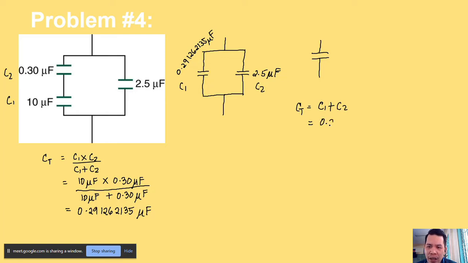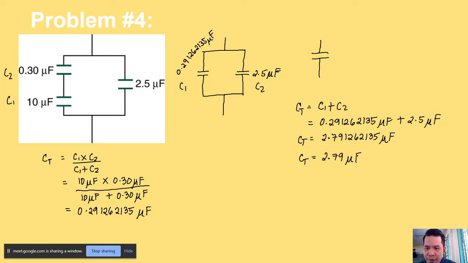Substitution, 0.291262135 microfarad plus 2.5 microfarad. So yung C sub T po natin is 2.79126235 microfarad. Ladies and gentlemen, our final answer is 2.79 microfarad.